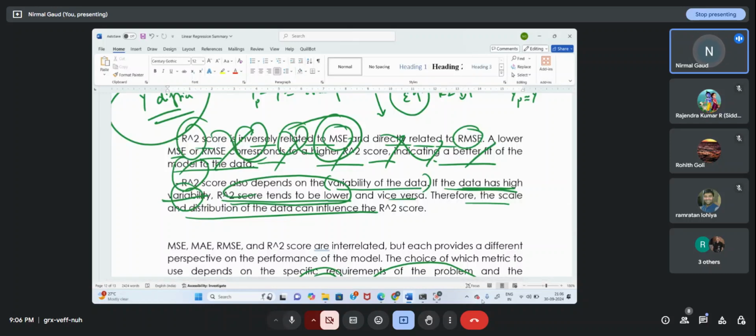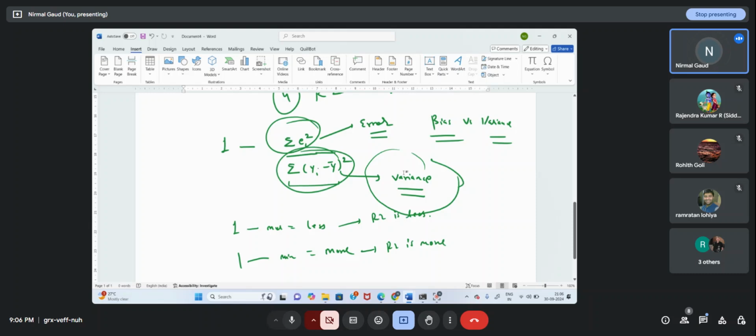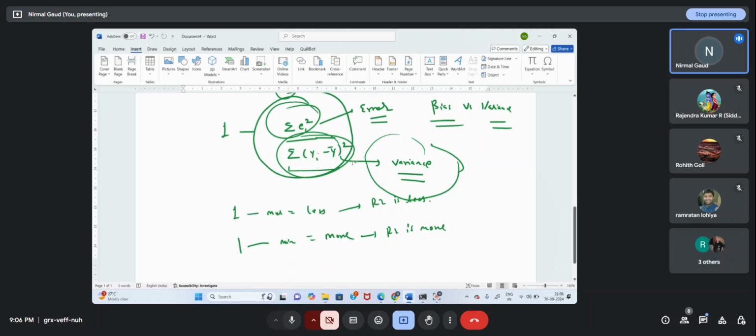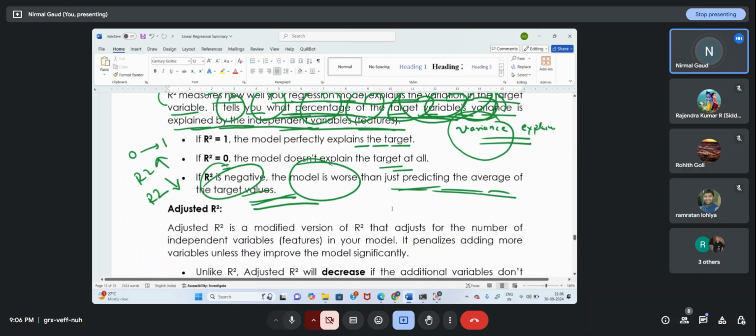But right now, applying the formula here, if the variance is high, this ratio will become less, so R2 is getting more, but you are saying that R2 is less. This is a contradiction. How can you say this if you are applying the formula in this particular way?